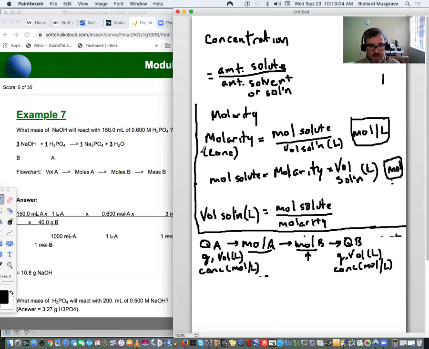So we're looking for the mass of sodium hydroxide, or NaOH, that will react with 150.0 mils of 0.600 molar H3PO4. So we know that we can't start with the NaOH. We have to start with the thing that we actually have information about, and that's the H3PO4. Now, given that we have both a volume and a concentration, then again, we're looking at this situation where we can find moles.